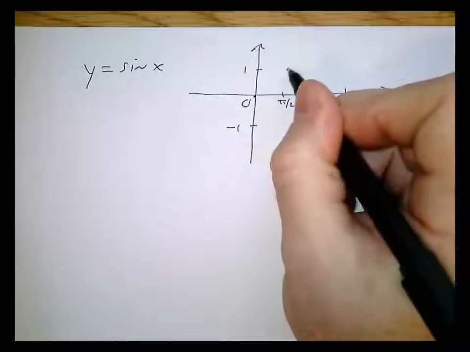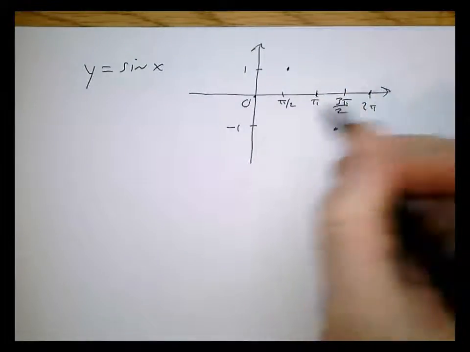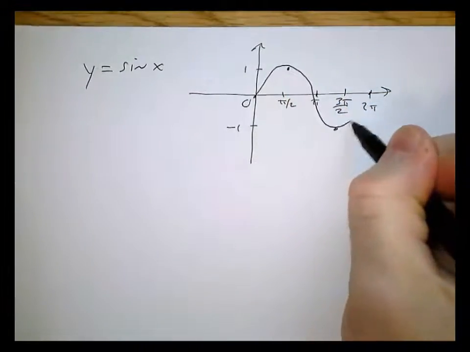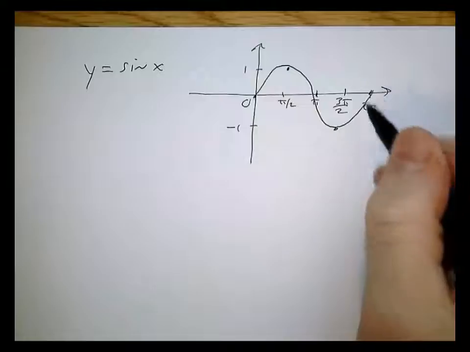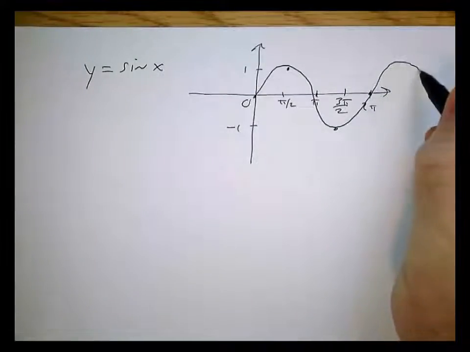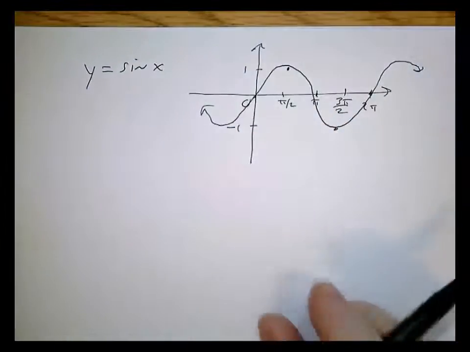So I have these points of interest here that I'm going to have my curve through, and I might have something like this. Of course, this 2 pi here, and then this repeats forever and ever, the period of 2 pi.